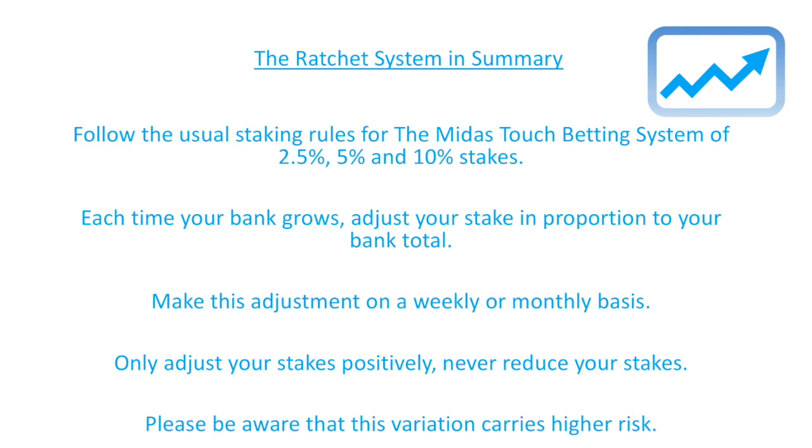Now, my recommendation is to make this adjustment on a weekly or monthly basis, and only ever adjust your stakes positively, i.e. never reduce your stakes, only adjust them upwards. And finally, please be aware that by using the ratchet system, it does of course carry a higher degree of risk than the usual Midas Touch betting system.